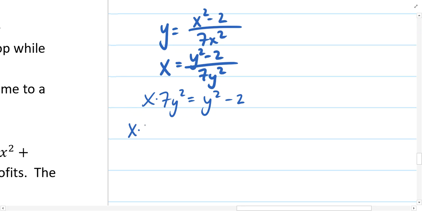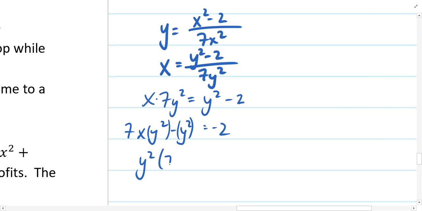So now I have x times 7y squared, or in other words, 7x y squared, minus y squared equals negative 2. Then I'll treat y squared like a common factor, and I'll factor it out. So I've got y squared times 7x minus 1 equals negative 2.